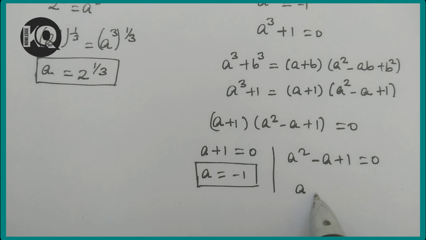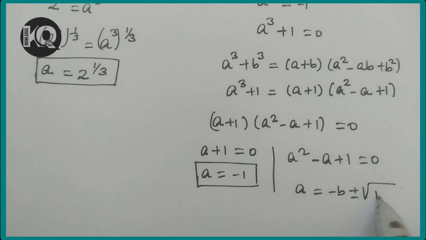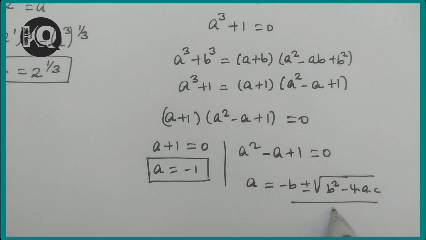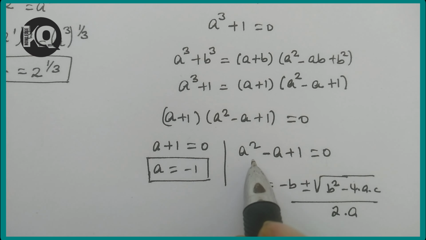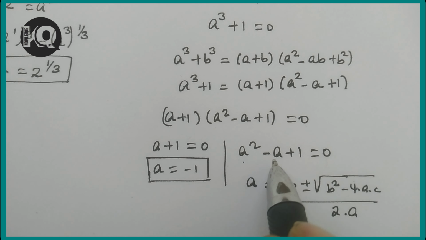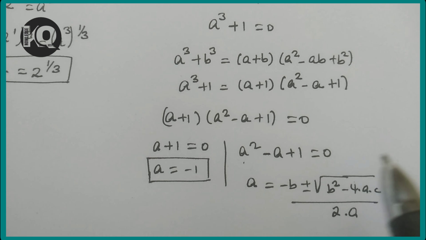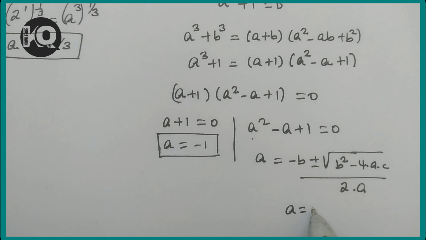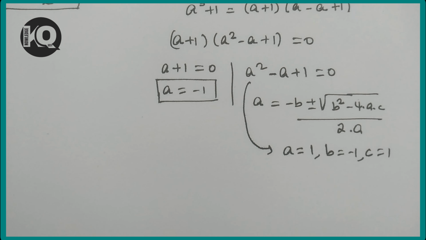So this a can be found by minus b plus or minus the square root of b square minus 4 times a times c, divided by 2 times a. From this equation we have a equal to 1, b equal to minus 1 and c equal to 1.